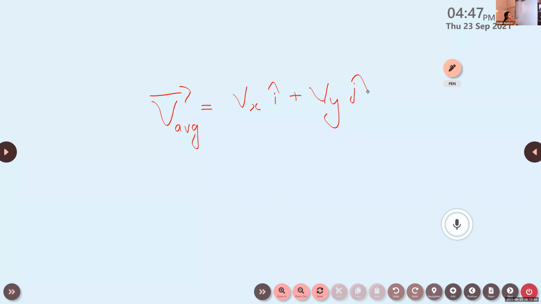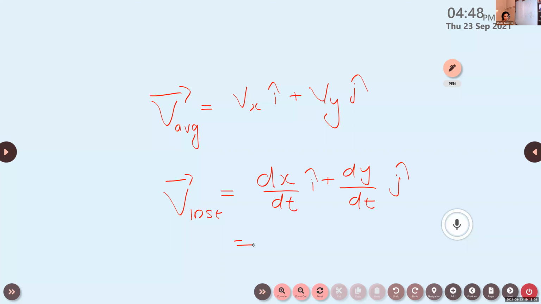Then we derived the equation for instantaneous velocity. Instantaneous velocity is equal to dx by dt i cap plus dy by dt j cap, which again gives Vx i cap plus Vy j cap.